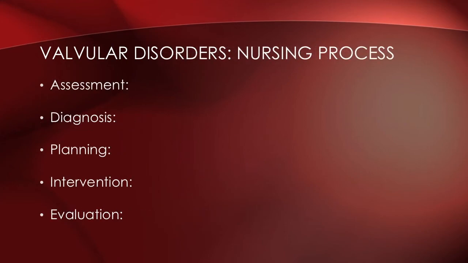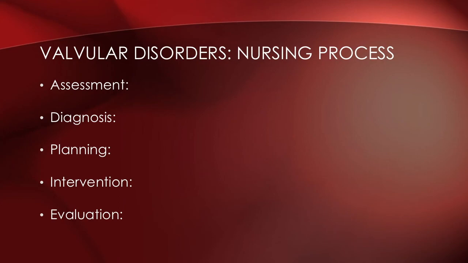So valvular disorders, let's nursing process it out. Assessment, again, depending on what kind it is. Mitral valve prolapse often won't have any symptoms, but if they do, you might see some fatigue, dizziness. Aortic regurgitation, mitral regurgitation, we're going to see signs and symptoms of what looks like heart failure.